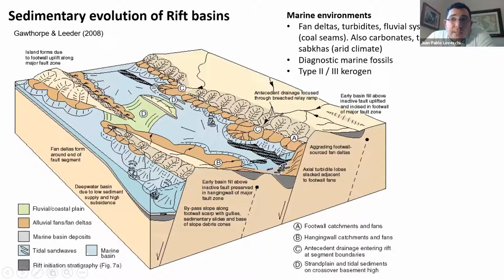So the lithology of the sedimentary grains will depend on the lithology of the pre-rift that's being eroded here. It can be crystalline basement, it can be pre-rift. But the sedimentary grain size, the sedimentary classes, are not going to be well sorted.